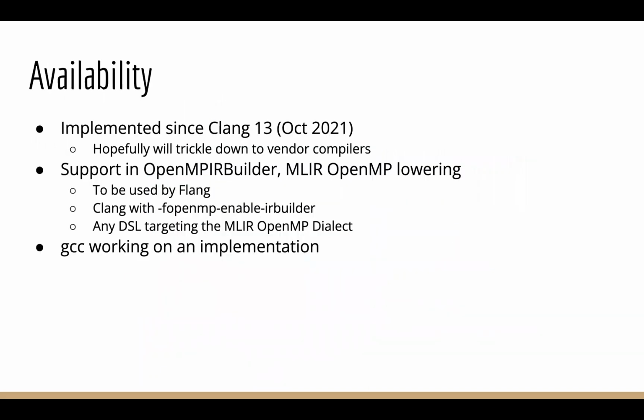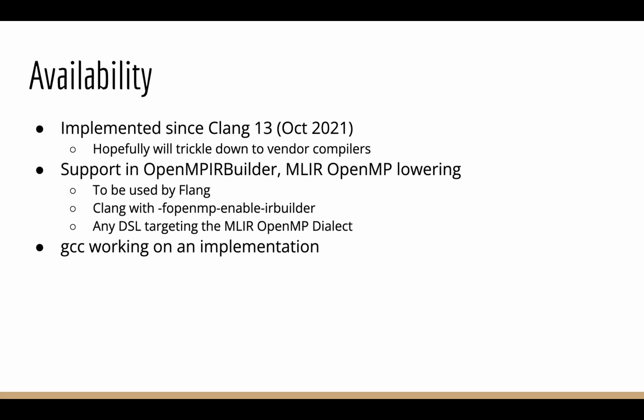So as I said, the main default implementation on the AST level has been implemented and released as part of Clang 13. Since it's upstream, I also hope that other vendors which base their compilers on Clang will pick it up and support it eventually as well. The other implementation, the OpenMP IR builder, is to be used by Flang.